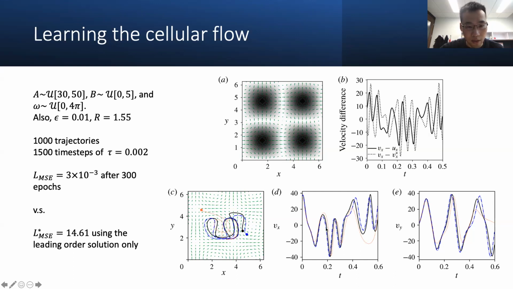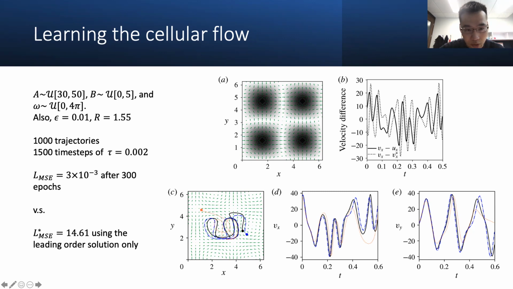So here, in C, D, and E, they showed that using their strategy, they were able to correct the leading order solution to a solution that is closer to the ground truth. In all those figures, the orange curve is the leading order solution, the black trajectory is the ground truth, and the blue trajectory is the result from their hybrid model.